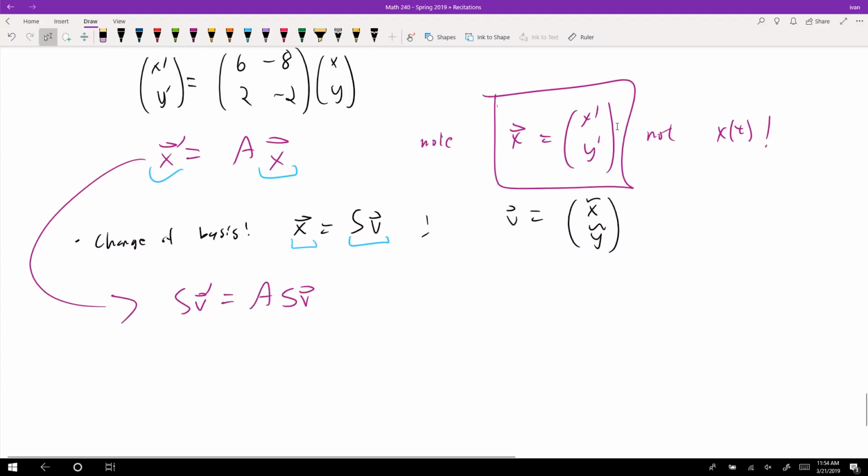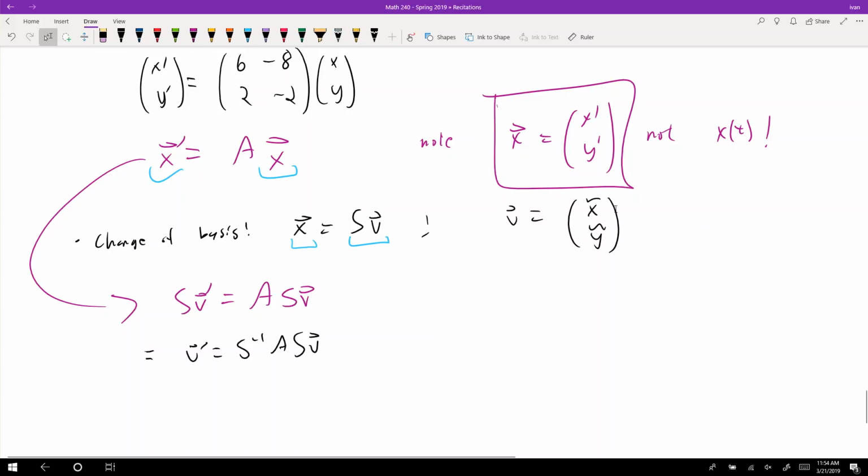But what do we notice? Well, this becomes v prime is equal to S inverse A S v. The reason is that you multiply this side by S inverse and you multiply this side by S inverse, and that's how you get that. So what is S inverse A S?